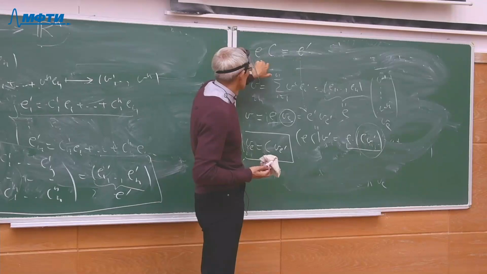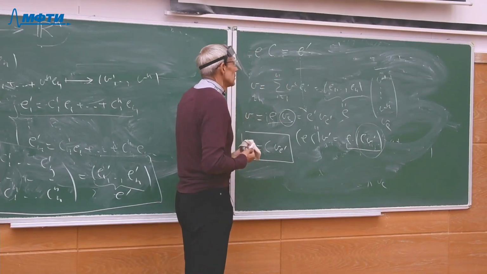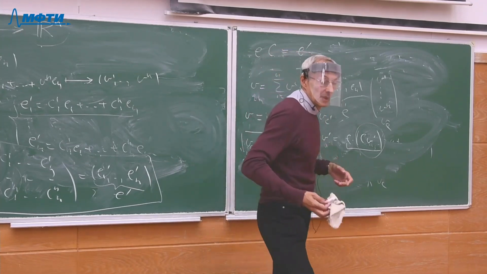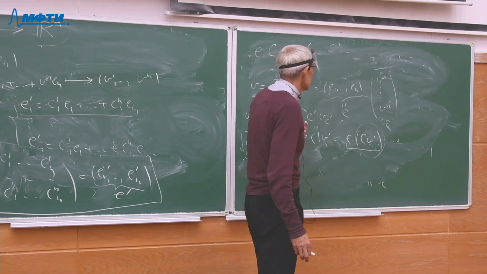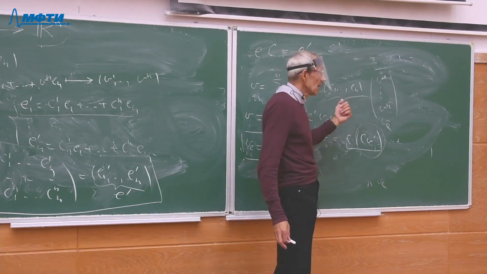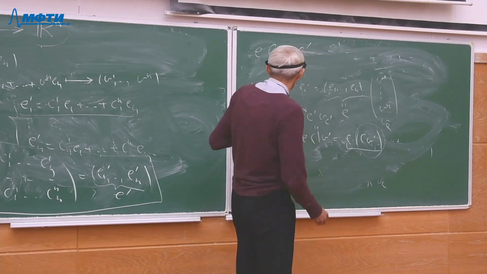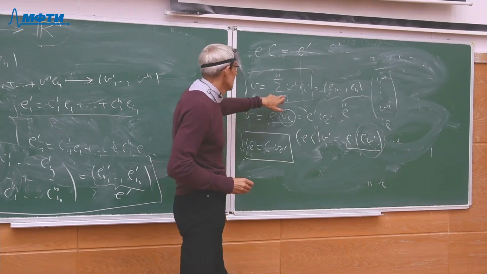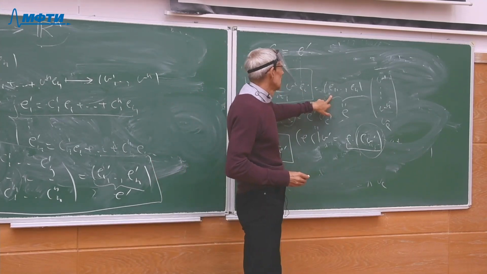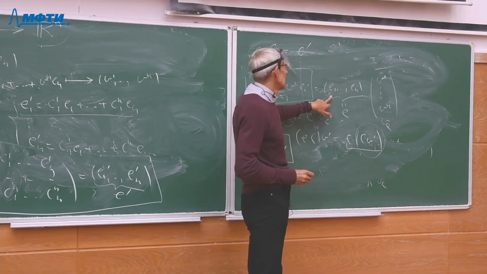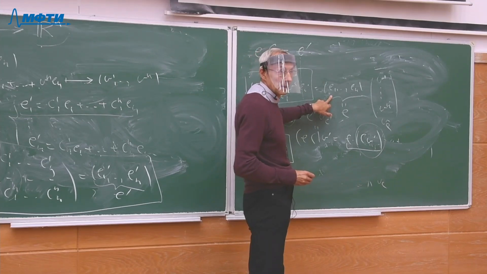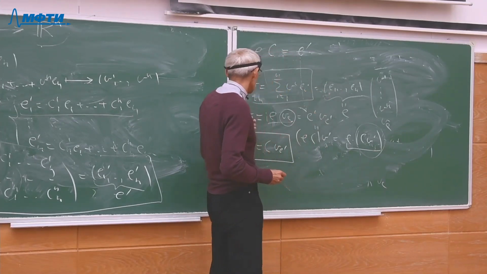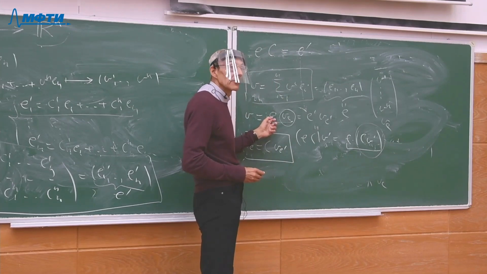After that, I can use this formula for the expression of the coordinate vector in the old basis in terms of the new basis. How? I can rewrite the formula of expansion of the vector in terms of the basis vectors also in matrix form as a row-column product.